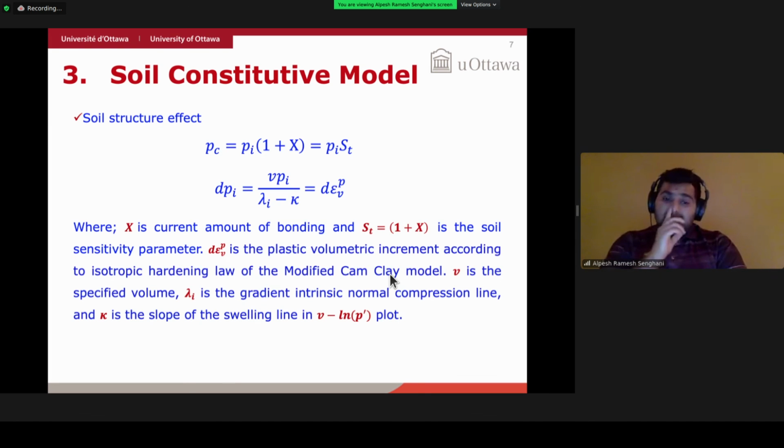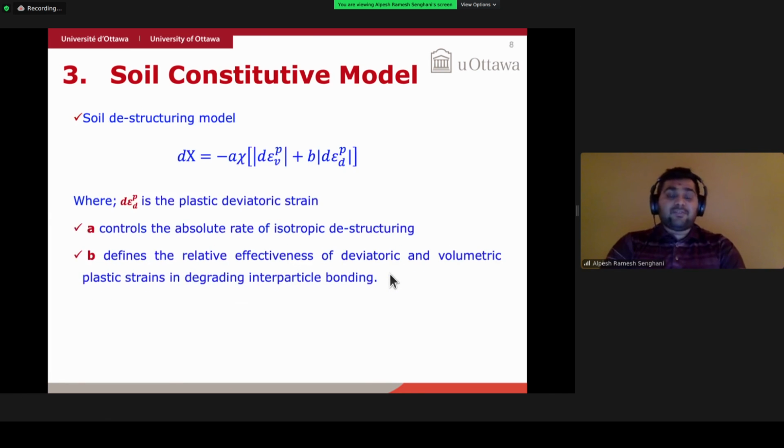Now the change in pi is calculated using v, the defined volume. Then we have lambda i, which is the gradient of the intrinsic normal compression line, which is found from the e-log curve that I'll show you later. The delta epsilon pv is the plastic volumetric increment. That is very important to understand, as we'll see further.